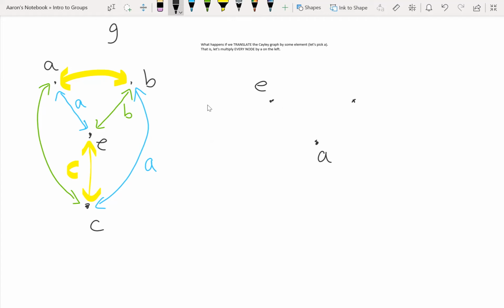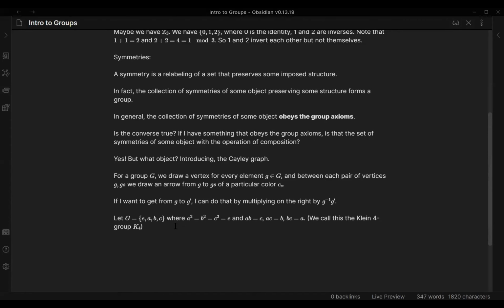B, when we multiply by A on the left, so we're putting an A there, A times B we said was C. And C, when we multiply by A here, gives us B. This is our multiplication that we stipulated.